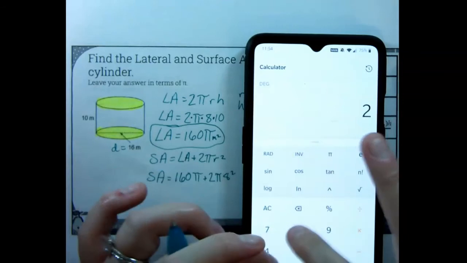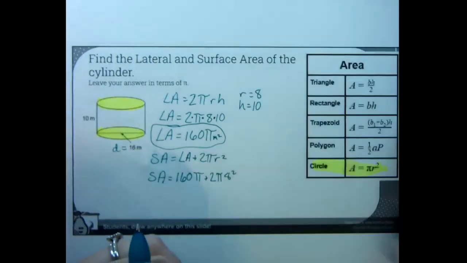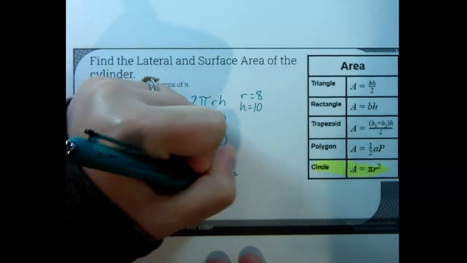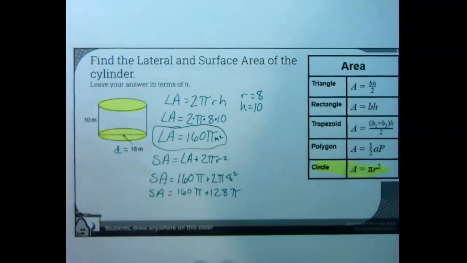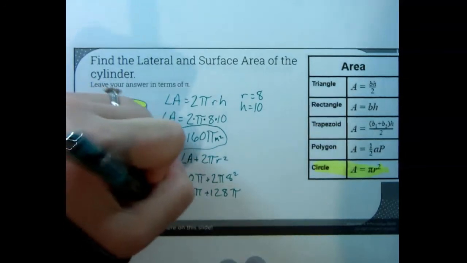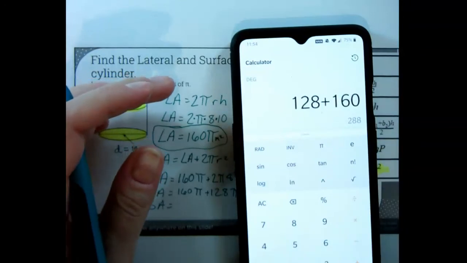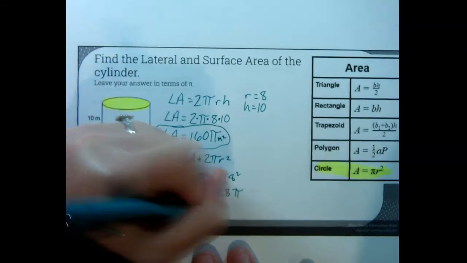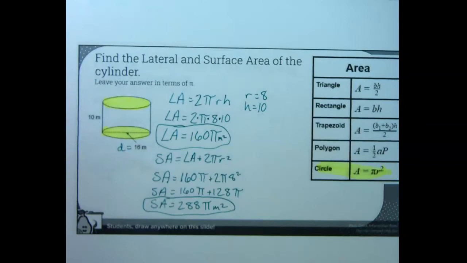Remember, only multiplying the numbers, not the pi. So 2 times 8 squared is 128. So 160 pi plus 128 pi equals 128 plus 160, 288 pi. It's a pretty big little shape right there.